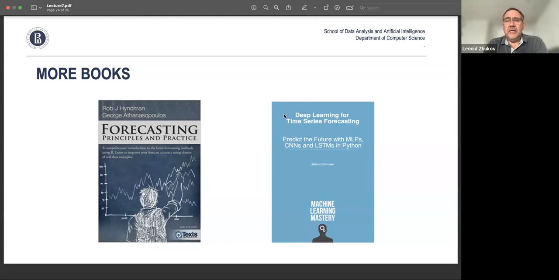If you want to go deeper into this topic, I would recommend looking into deep learning applications. And here is also a book on how you can use deep learning for time series forecasting. The use of deep learning today is the state of the art within the field.